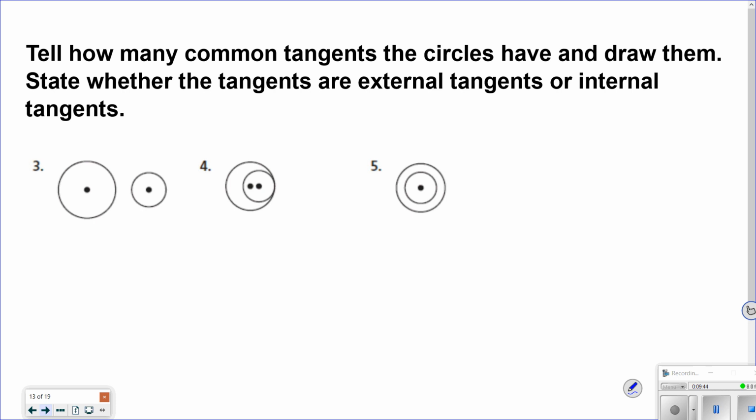It will look like this: external, external, internal, internal. This one only has that external tangent line touching right there. Number 5 doesn't have either. Okay, no internal tangents, no external tangents.